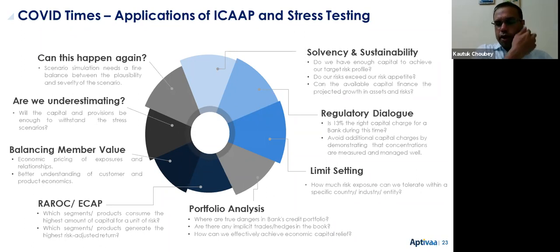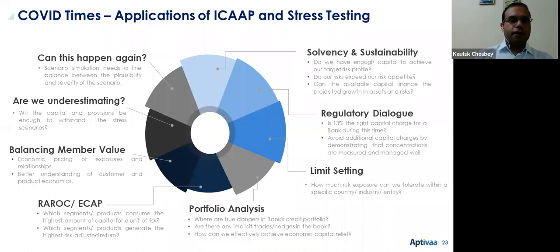This also has an impact on the RAROC, which is risk adjusted return on capital, and the economic capital estimation of the bank: which products or segments are consuming more capital and in terms of value are lower than the other ones, so that the decisions can then be realigned.